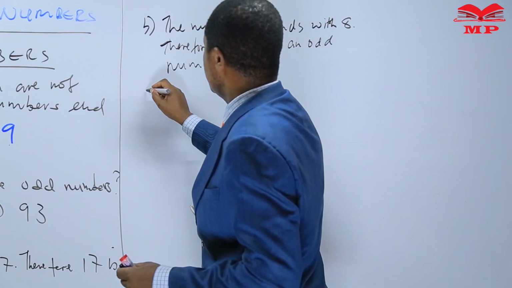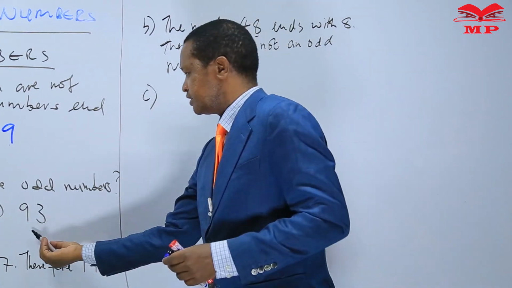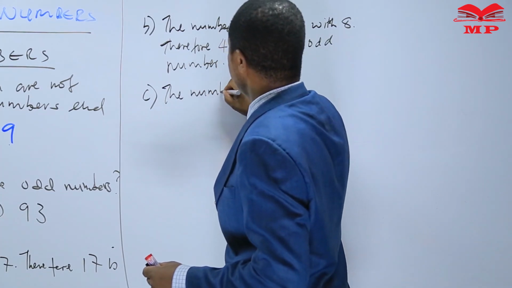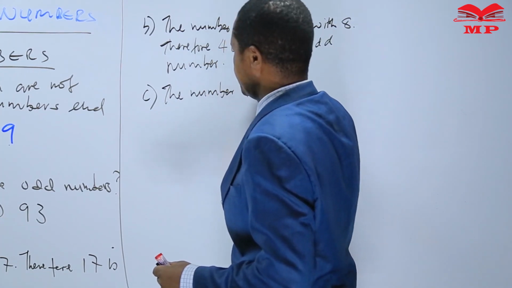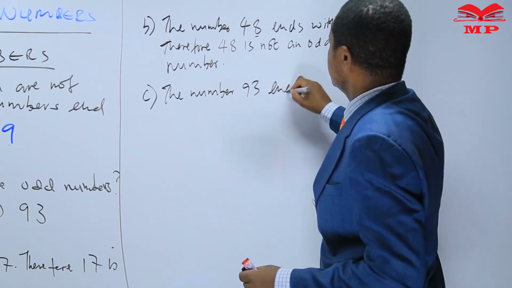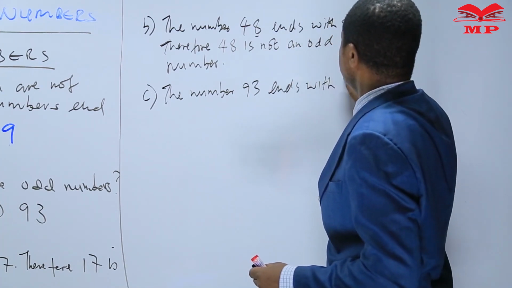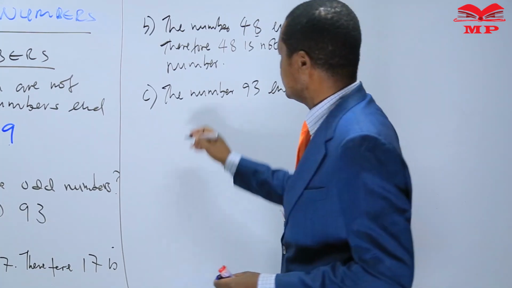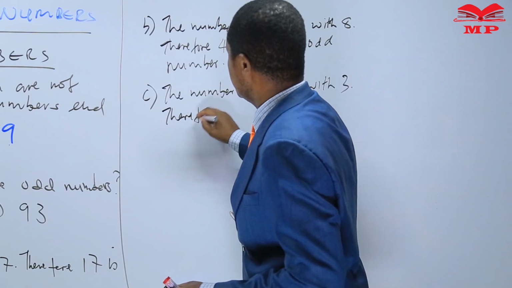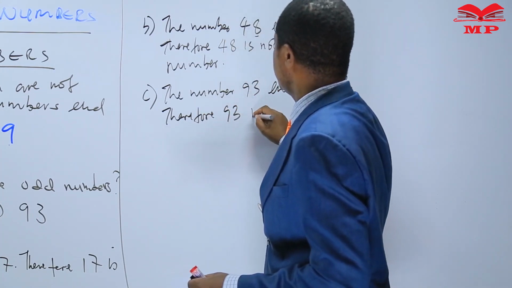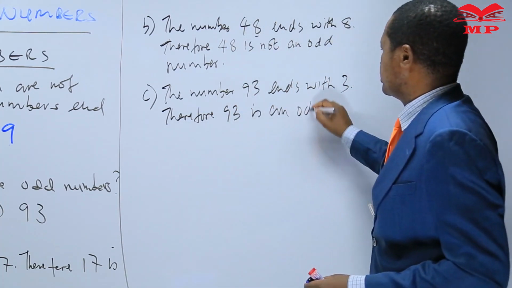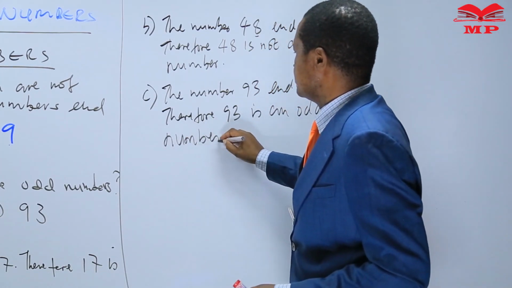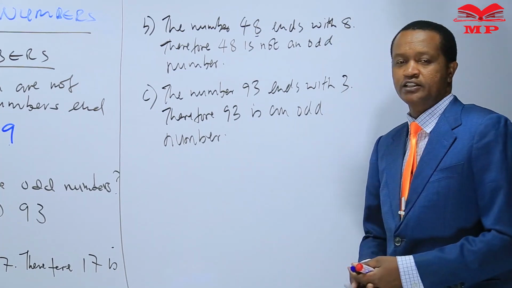How about C, 93? The number 93 ends with 3. Therefore, 93 is an odd number.